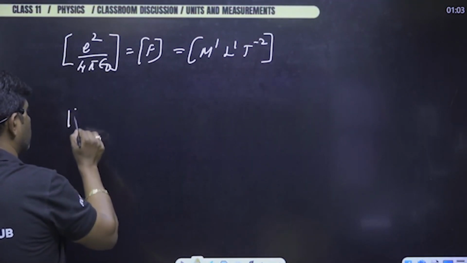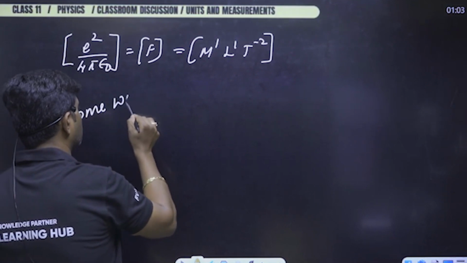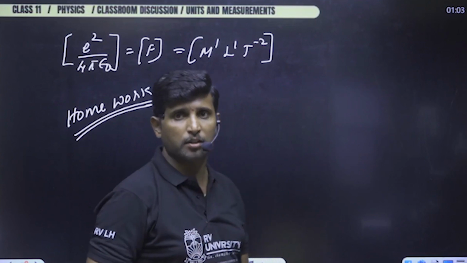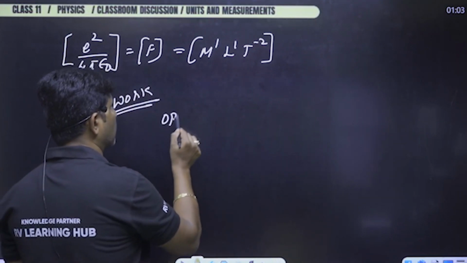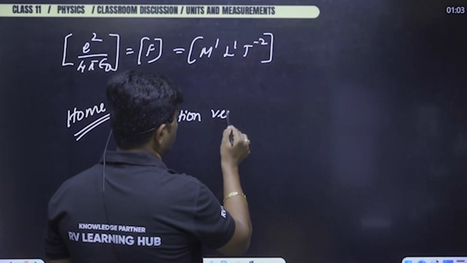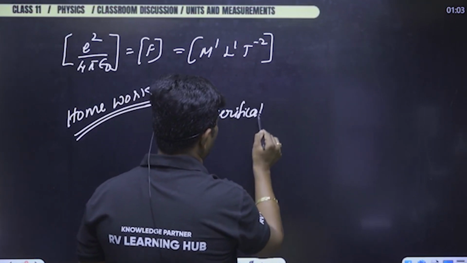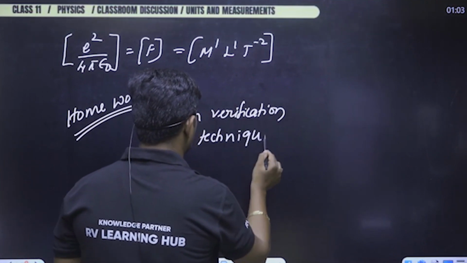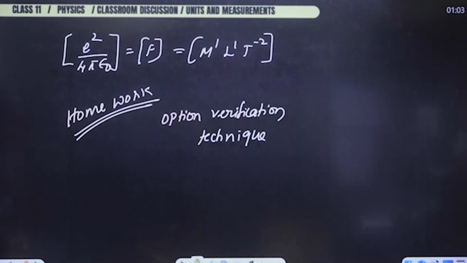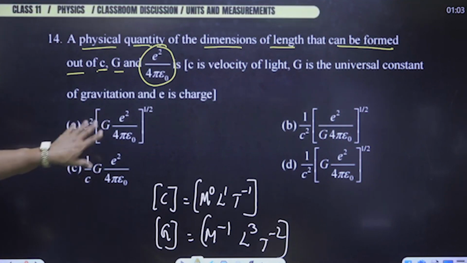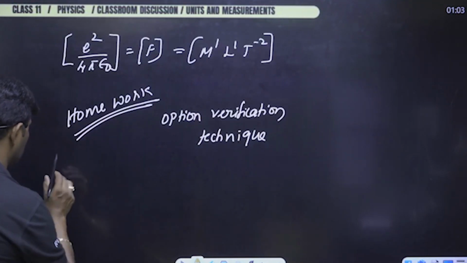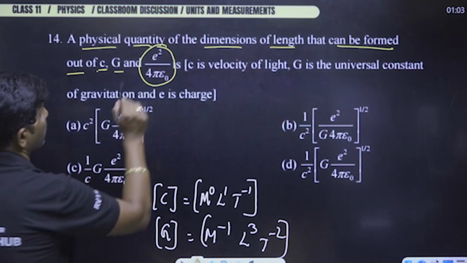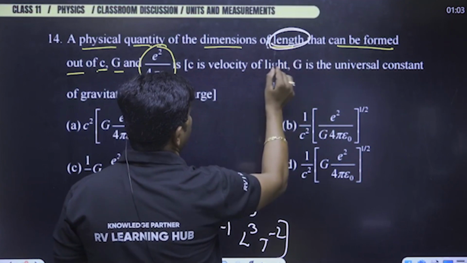So just take this as homework here. Solve this yourself because I have explained similar models, and just go through the option verification technique here. Option verification technique. Then you will get what is the right option. So see here, options should result in dimensions equal to the dimension of the length.